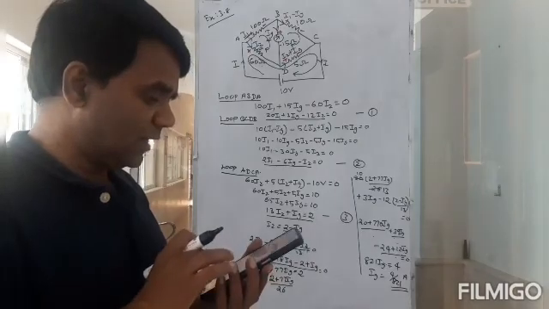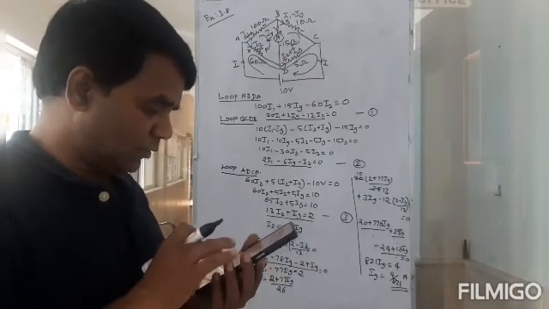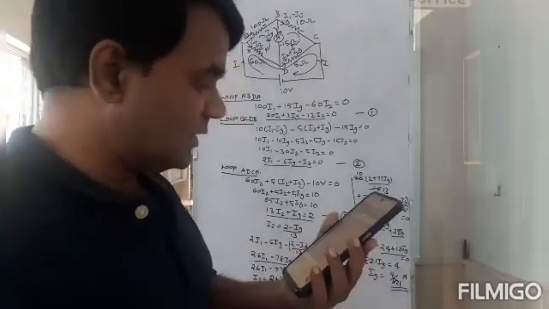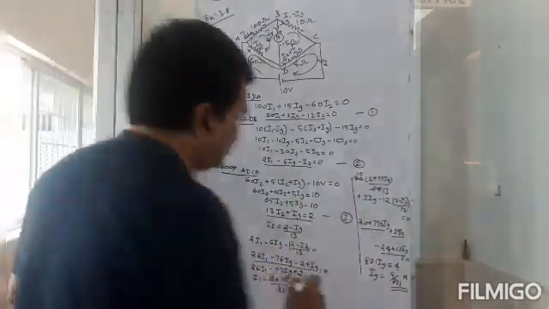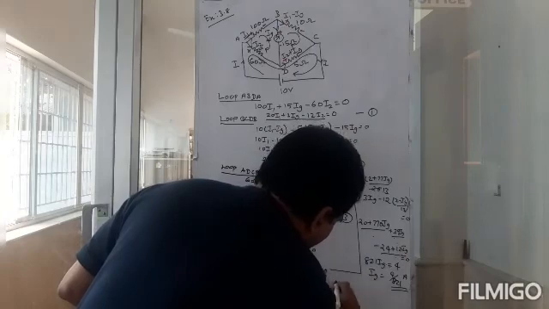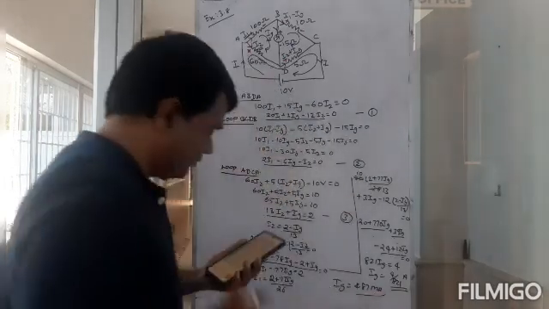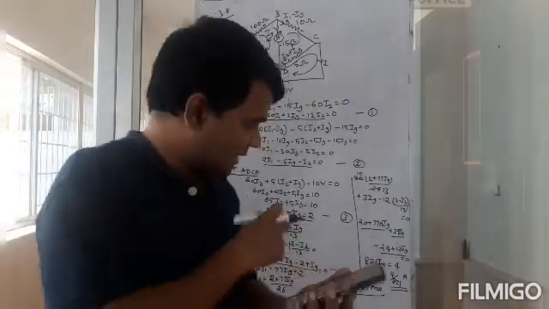So actually what you get out of this is Ig is equal to 4.87 milliamperes. Let's see if this is correct, that's the answer given in your book.